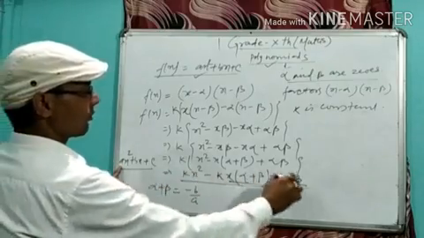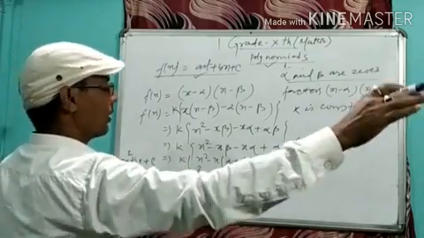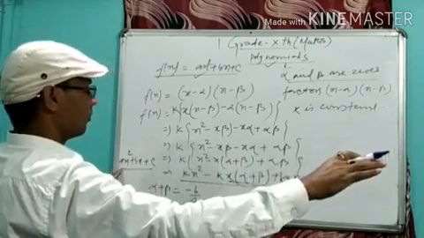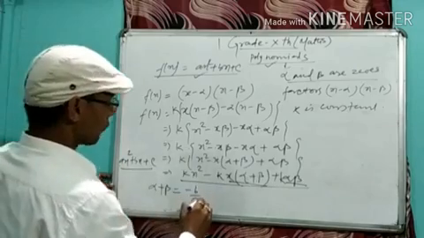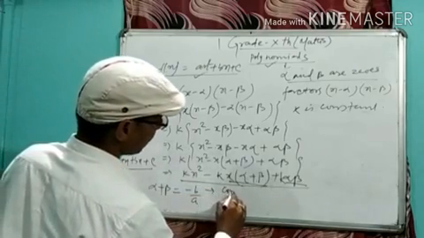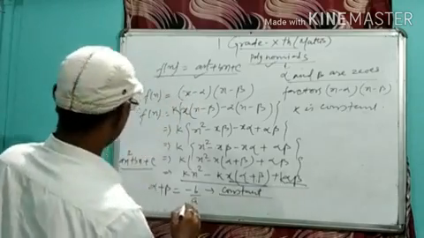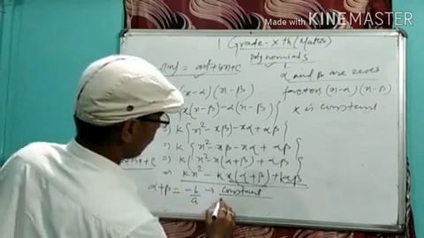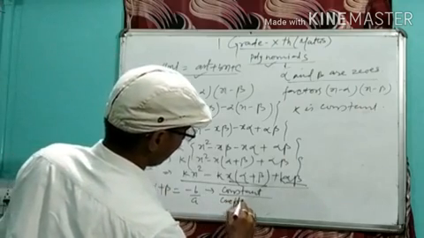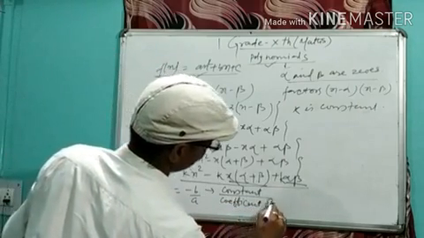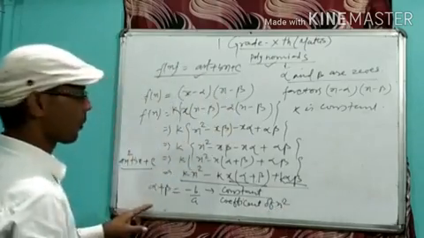This is the constant term here. We will take k equal to 1. It will be the same. Minus b by a, where b is the coefficient of x and a is the coefficient of x square. Clear?